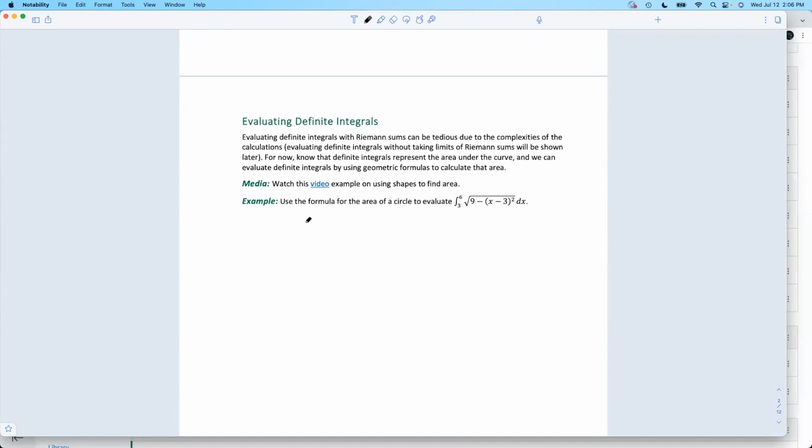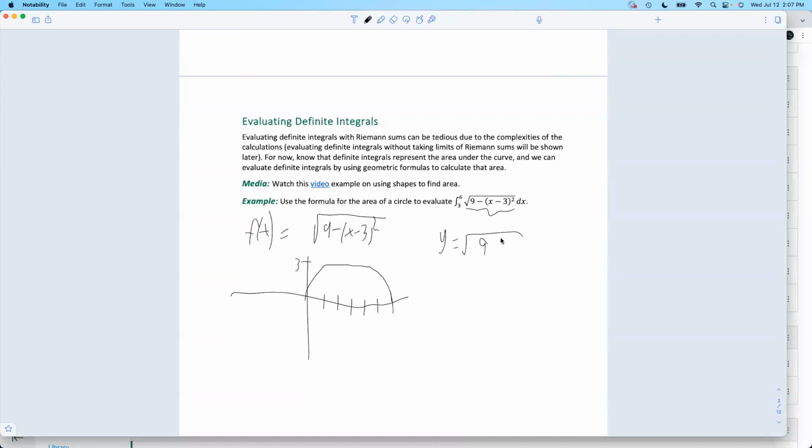So let's look at this guy. If I consider that f of x, square root of 9 minus x minus 3 squared. That is a semicircle of radius 3 centered at 3, 0. That goes up to 3. We could see that if we wrote this as y equals square root of 9 minus x minus 3 squared.